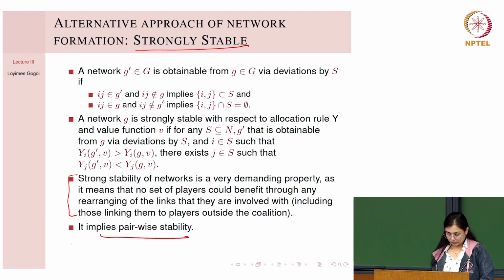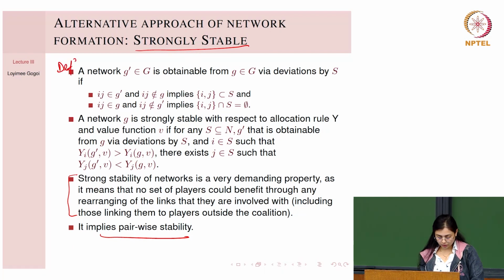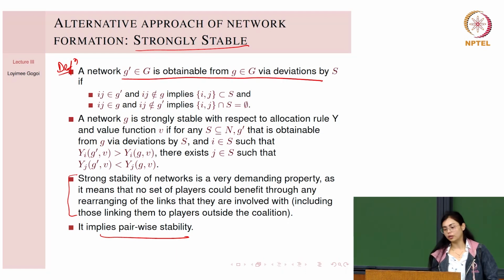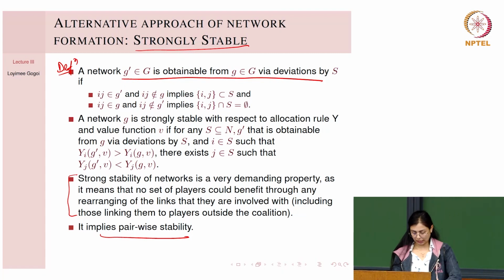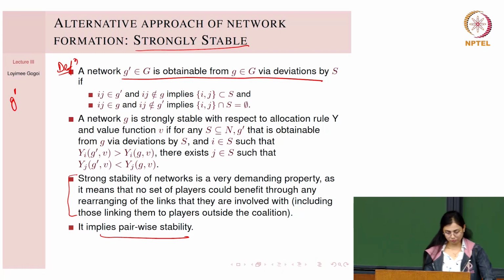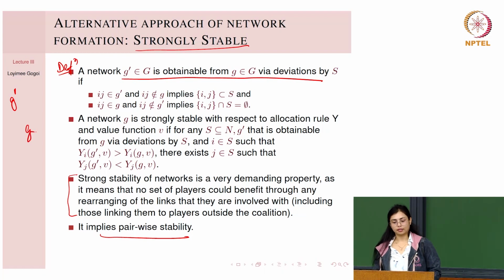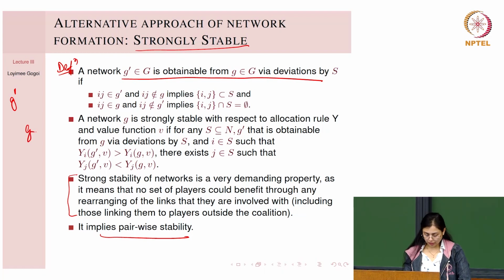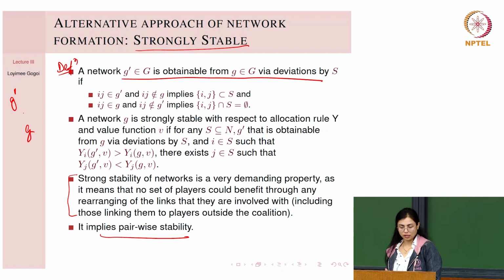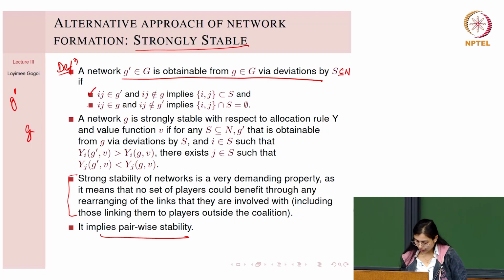The first definition we need is when a network G prime is obtainable from G via deviation by S. Suppose I have one network G prime and there is another network G, and this network G prime is obtainable from G via deviation by S. S is any coalition of N.